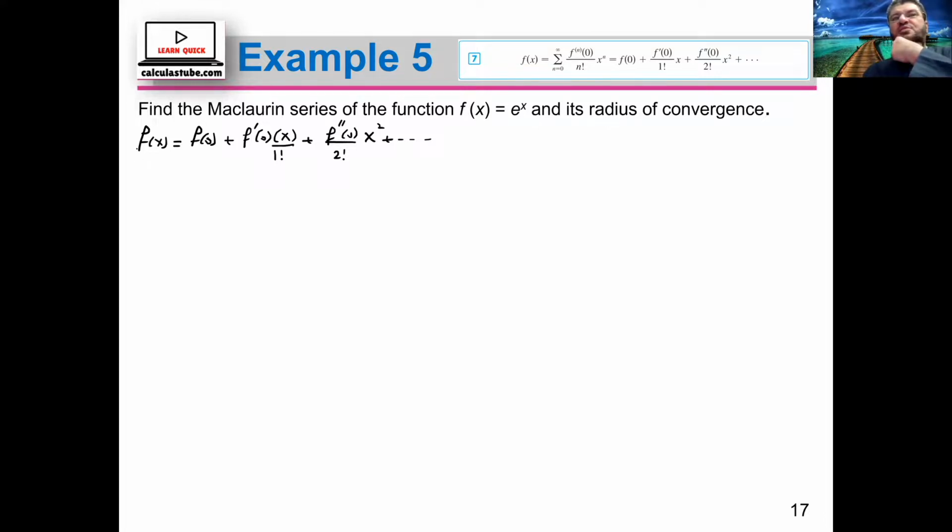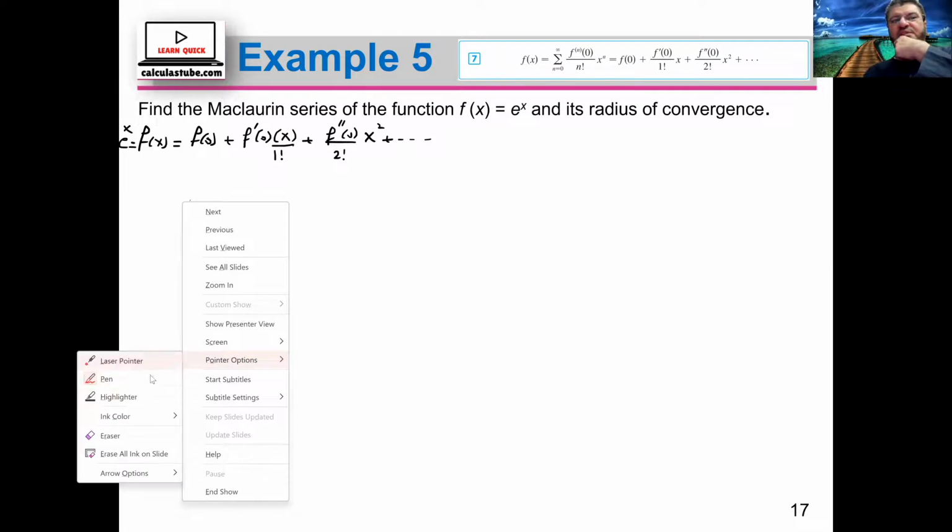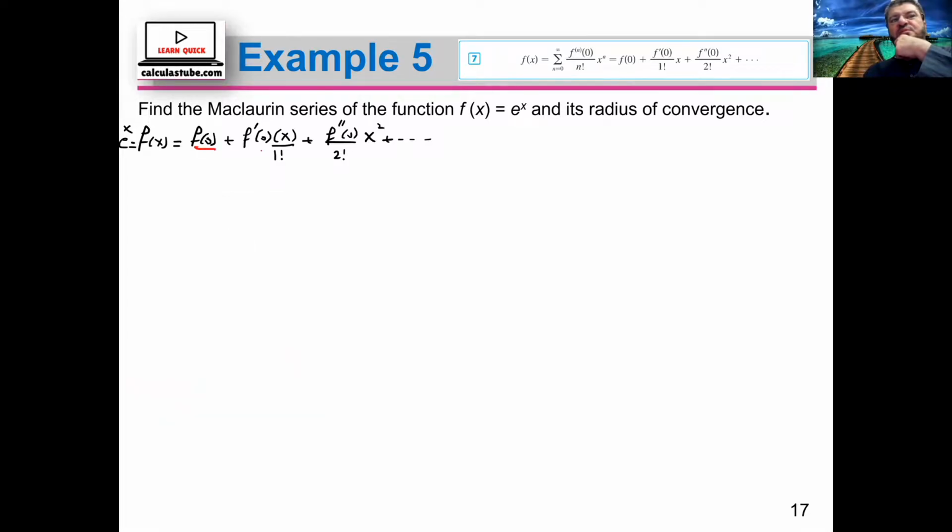So this is our function, which is e to the x. All right, so our job now is to find those values, right? So let's see, f of x is e to the x. So this implies that f of 0 is e to the 0, and e to the 0 is 1.